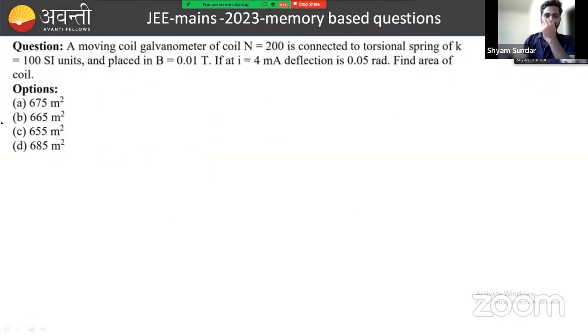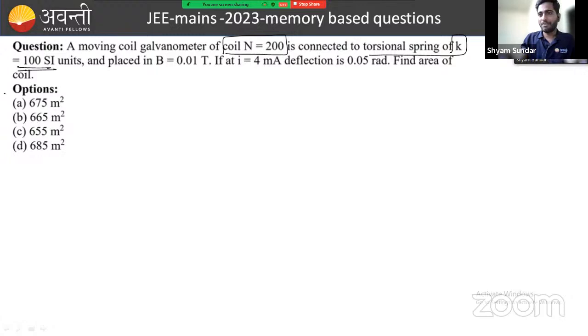Look at here. A moving coil galvanometer. The coil has 200 turns and is connected to a torsional spring of constant K. The spring constant they have given is K equals 100 SI units.